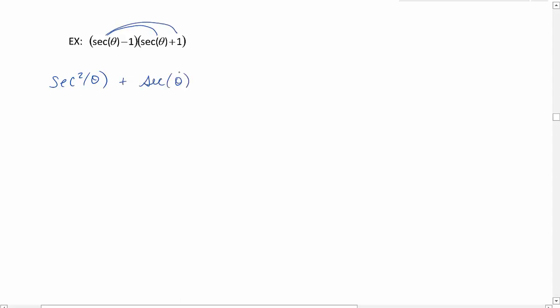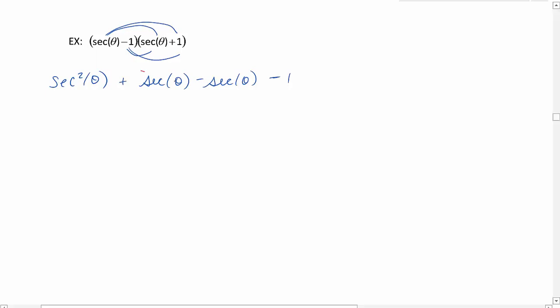All right, let's multiply this out. Secant times secant, secant squared theta, secant times 1 plus 1 secant, minus 1 times secant minus secant of theta, and then a minus 1 times a plus 1, minus 1.